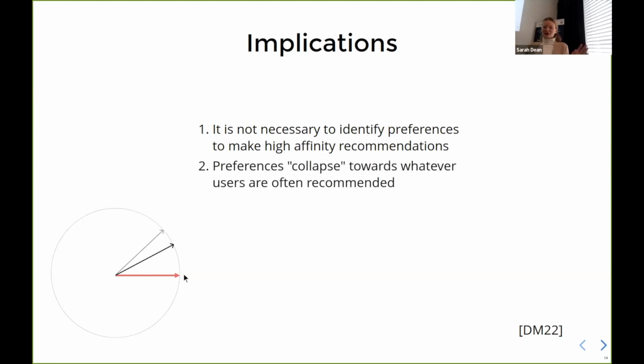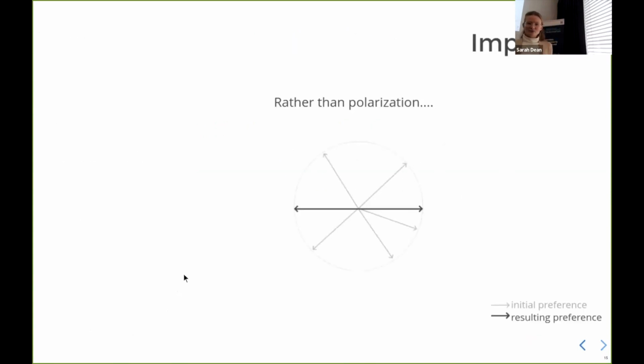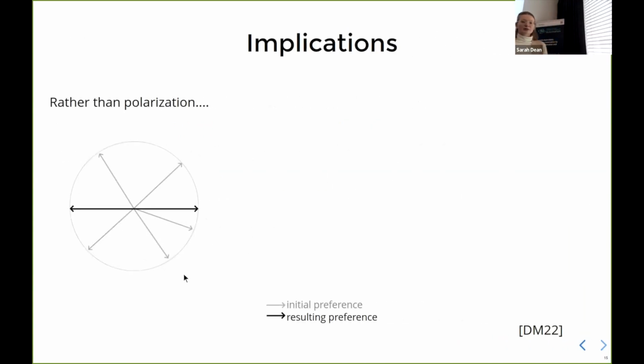And the other implication of this is that whatever content I'm generally recommending to somebody, their preference will collapse towards that content, right? They lose their initial preferences and will just end up mirroring what I, as a content recommender, have to offer them. So to put this in a big picture in terms of a population of users, it's not so much polarization that we have to worry about, which is this picture here.